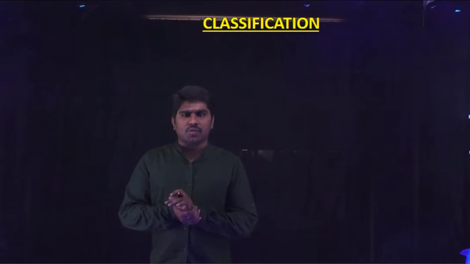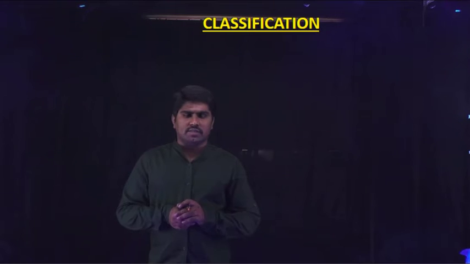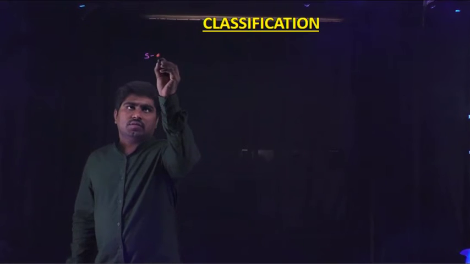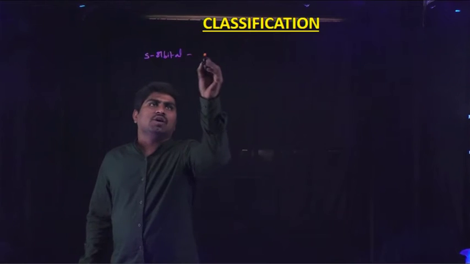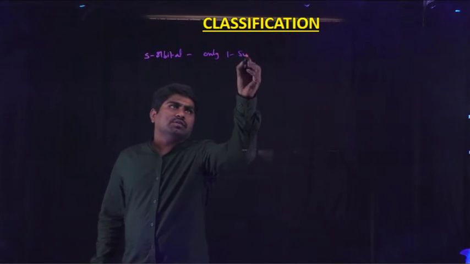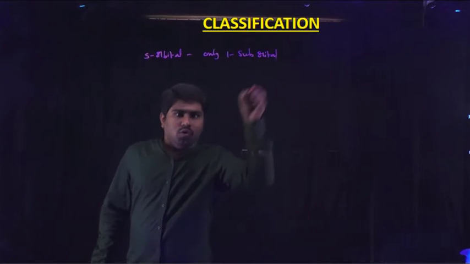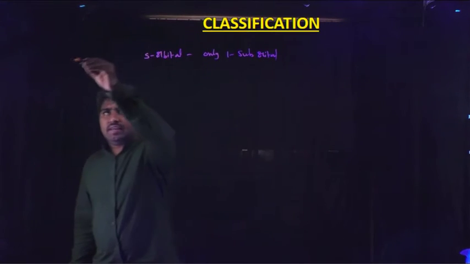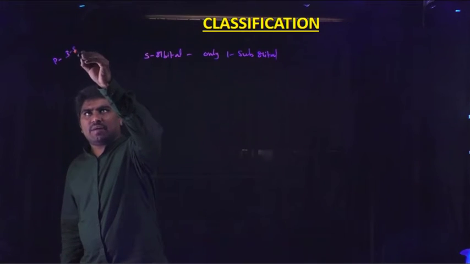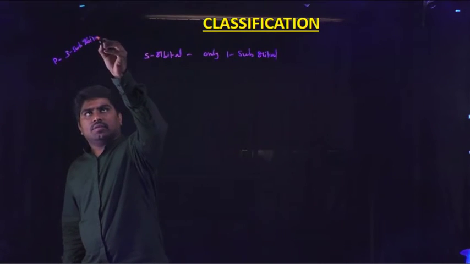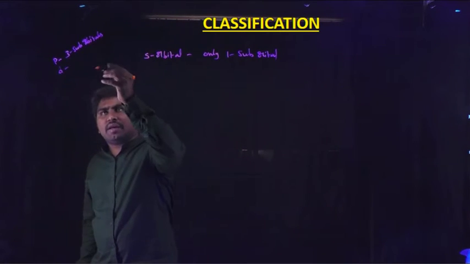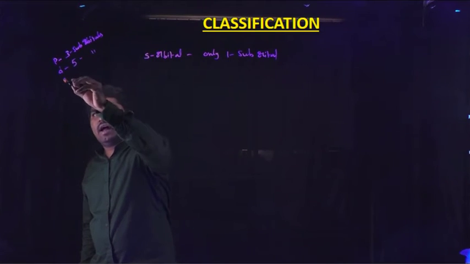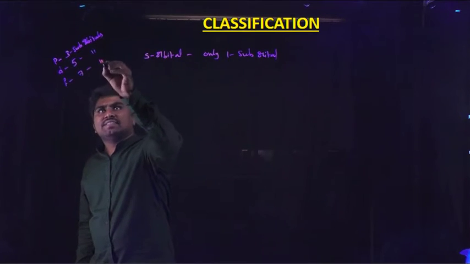We are going to discuss the classification of S block elements. Before that, the s orbital has only one suborbital. A p orbital has 3 suborbitals, a d orbital has 5 suborbitals, and an f orbital has 7 suborbitals.